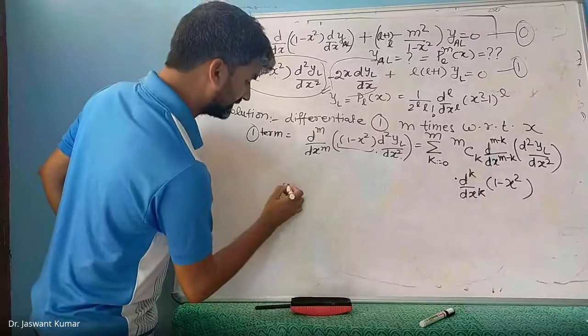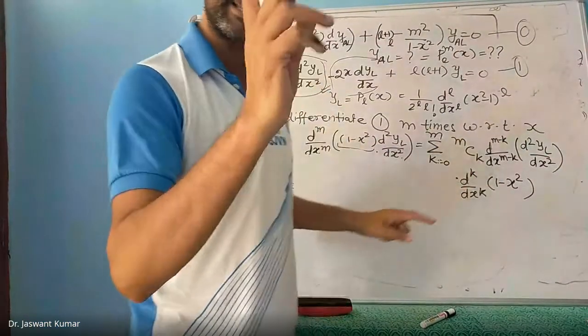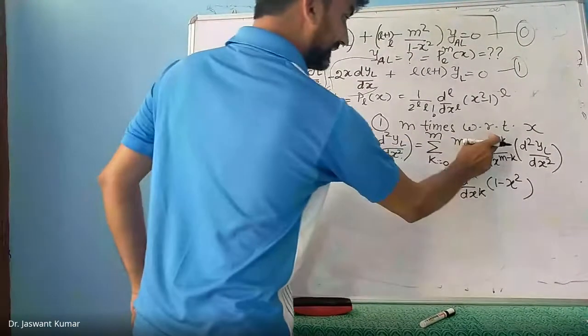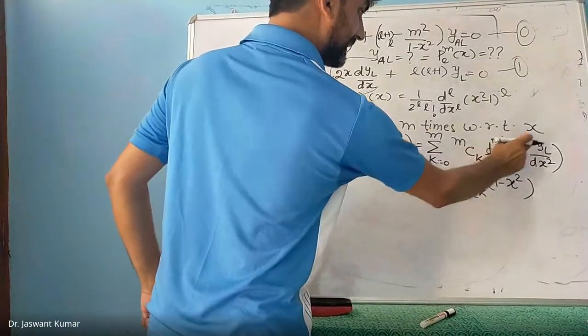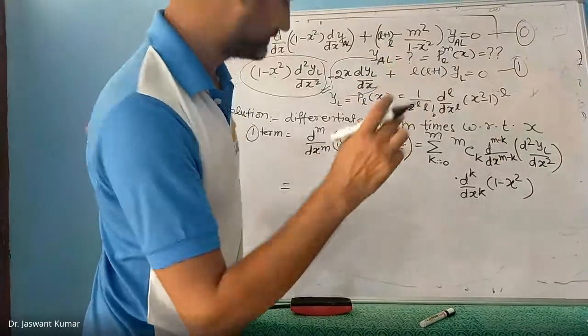The first term will be k equal to 0. mC0 we know is equal to 1. Then d^(m-k) by dx^(m-k), because k is equal to 0, this will be like d^m.